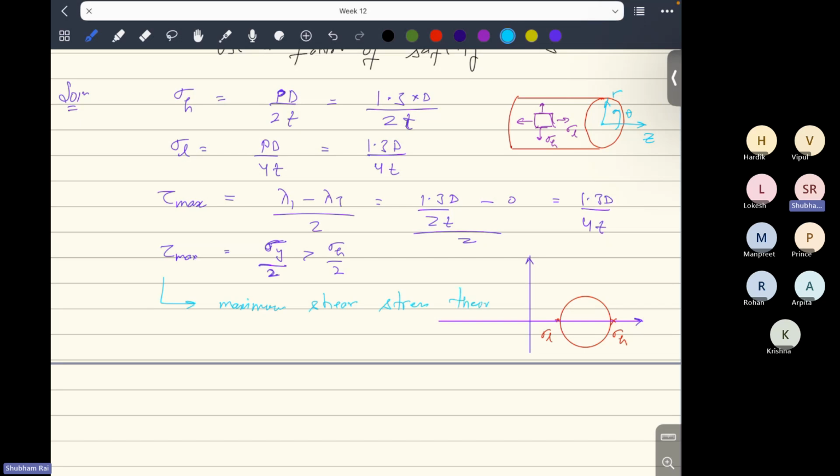Now let's apply maximum principal stress theory. For that case, your sigma 1, that is the maximum principal stress, will be equal to sigma h, right? And that should be less than sigma yield.